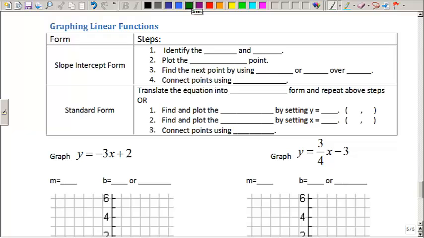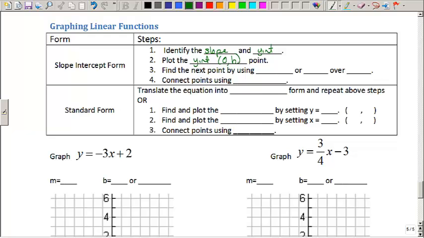If you're graphing from slope-intercept form, first thing I want you to do is identify your slope and the y-intercept. Once you have a slope and a y-intercept, I want you to plot your y-intercept. Your y-intercept will be the point 0, b.